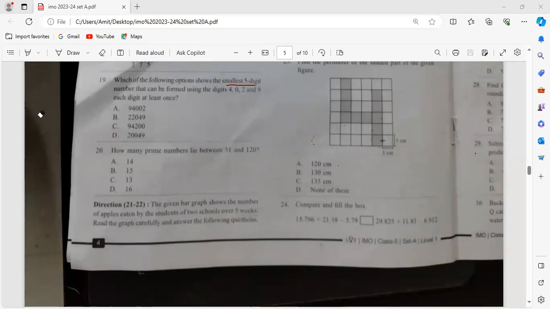Now, how many prime numbers are there between 51 and 120? So you have to write it down. You will not write all the even numbers. So you have a 53 and you will not write the numbers which end with a 5. So you will not write 55, 56. Then you have a 57. But if you see 57, 5 plus 7 is 12, so this is divisible by 3. So it is not 57. Then you have a 59.